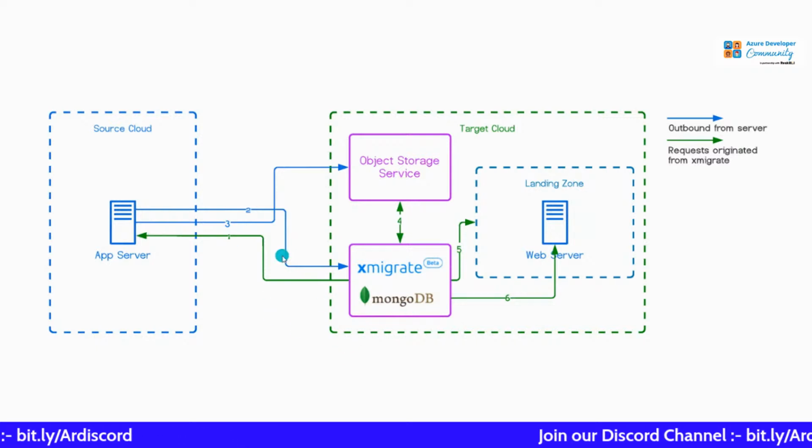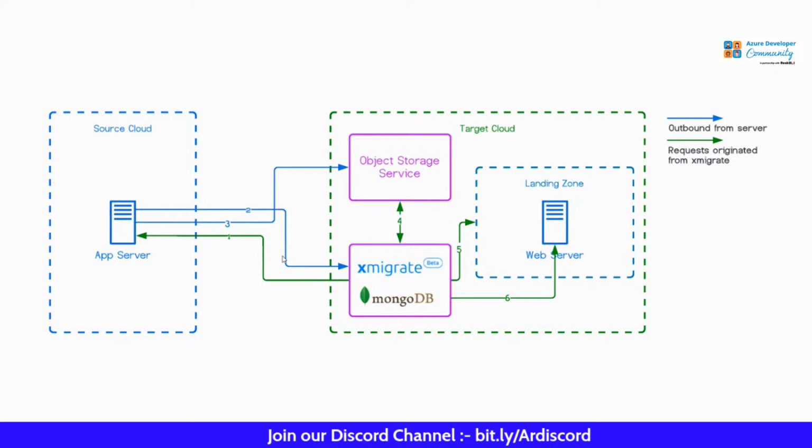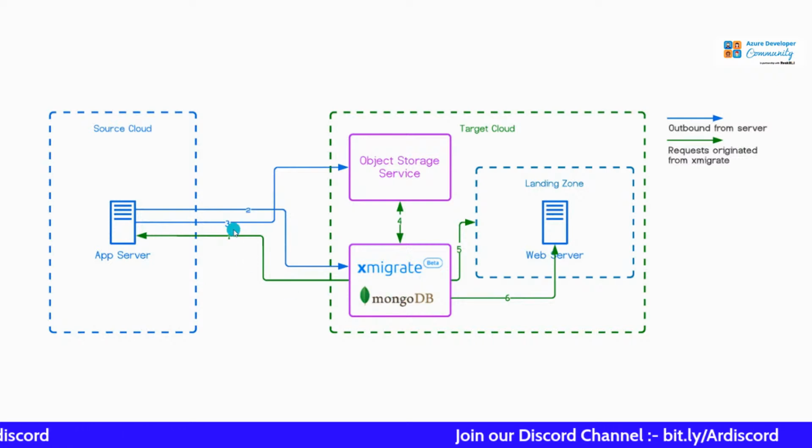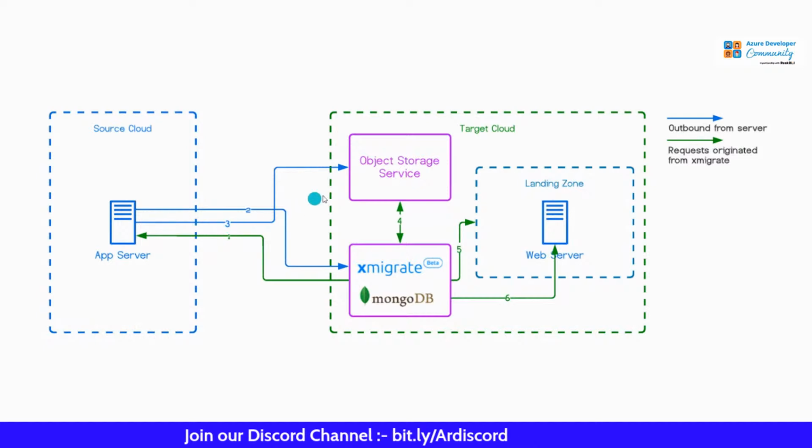Why? Because for Azure migration, there is a requirement that we need to clone the image in VHD format. We need to convert to VHD format. But how we are doing it is we are cloning the image in raw format and storing that in the object storage.